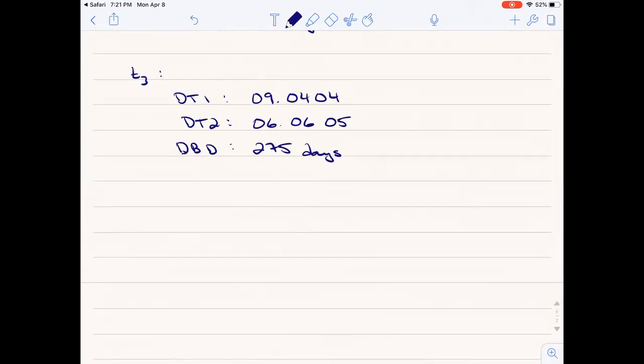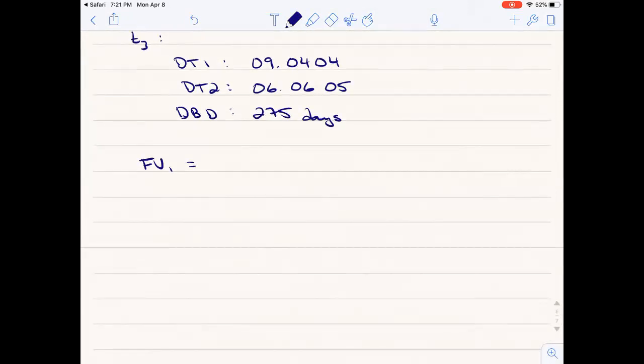We're going to find future value 1. Future value 1 is P times 1 plus R times T. In our case, it's going to be T1.